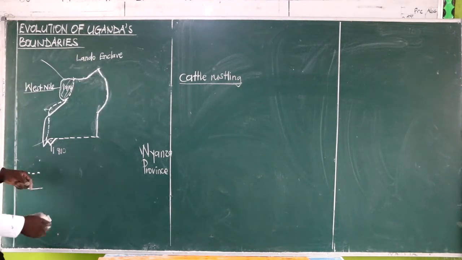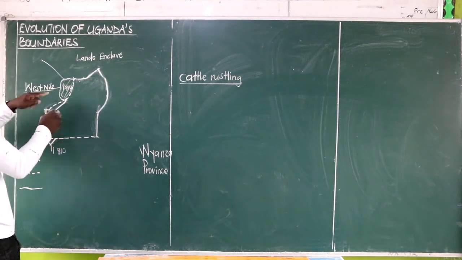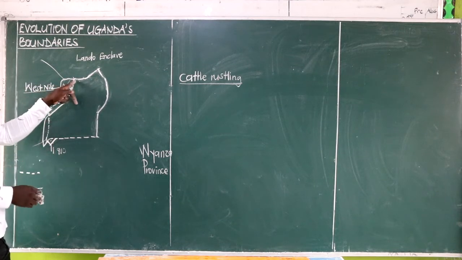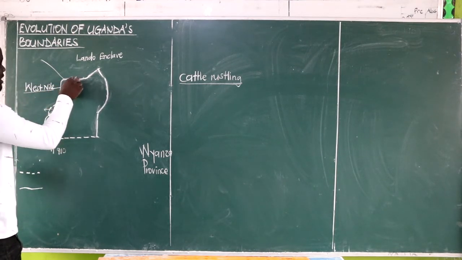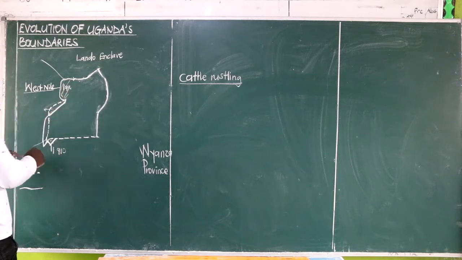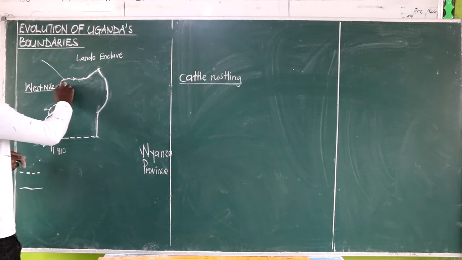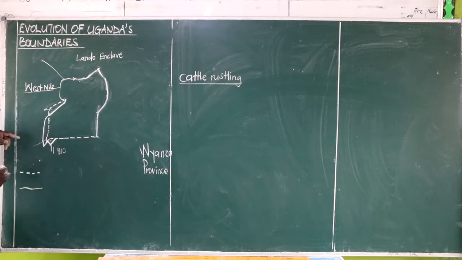We are continuing. We say the Nile, Uganda was passing here, where the Nile is, and they wanted to have full control over this Nile. So the border was extended, and the west part was added like that. Then we say this part was given to Congo, and down here was added to Uganda.